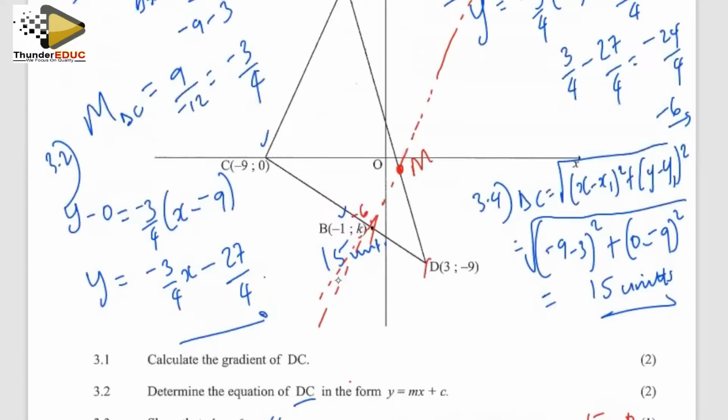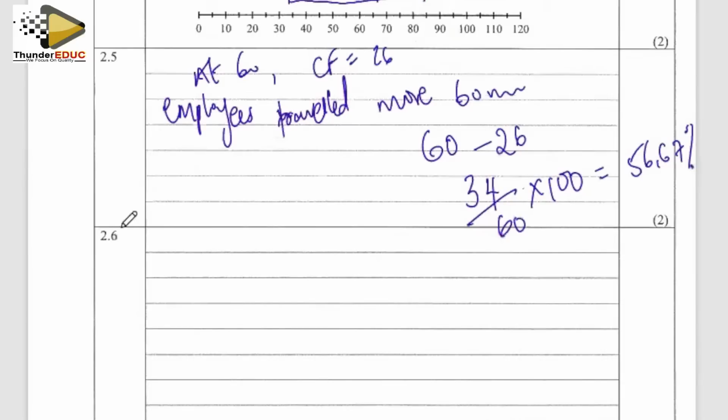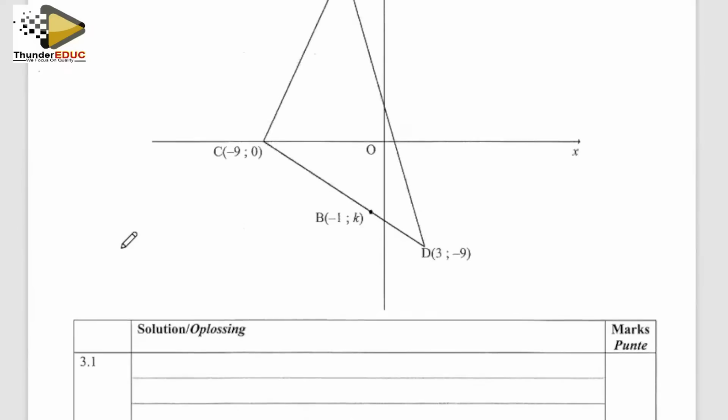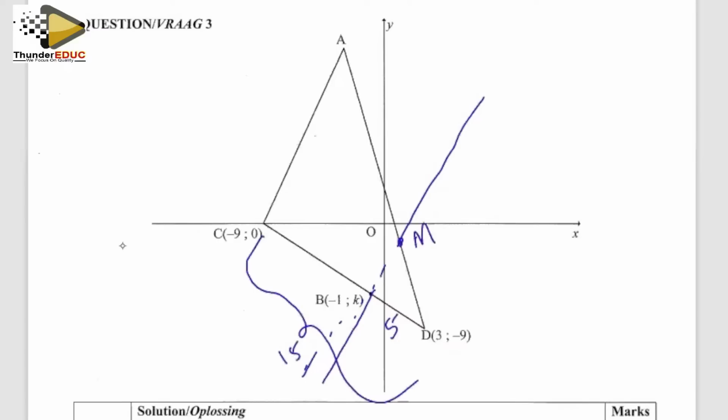So for us to get the area, let me just put it this side. Okay, so it's saying this is our line. We say this is a 5. All of that is 15. This is a point M, so that these lines are parallel.